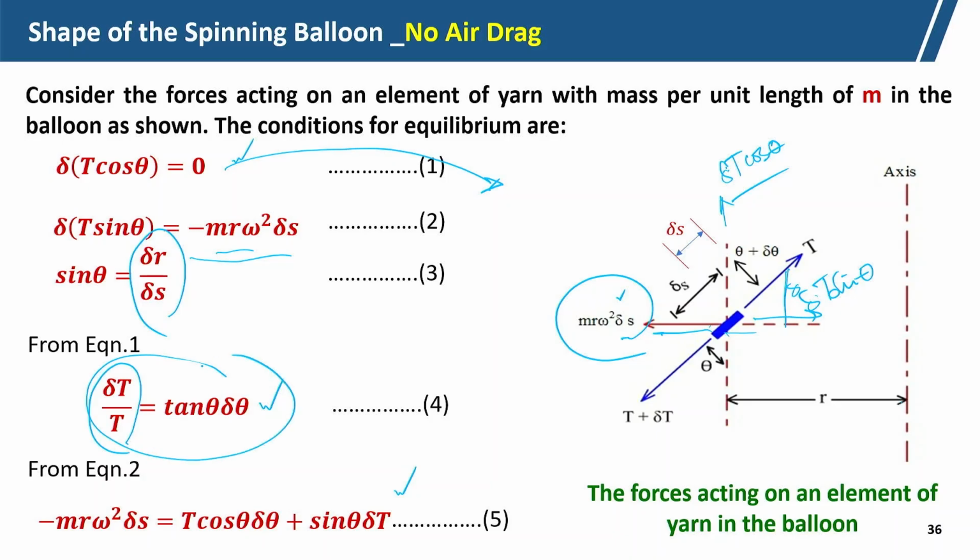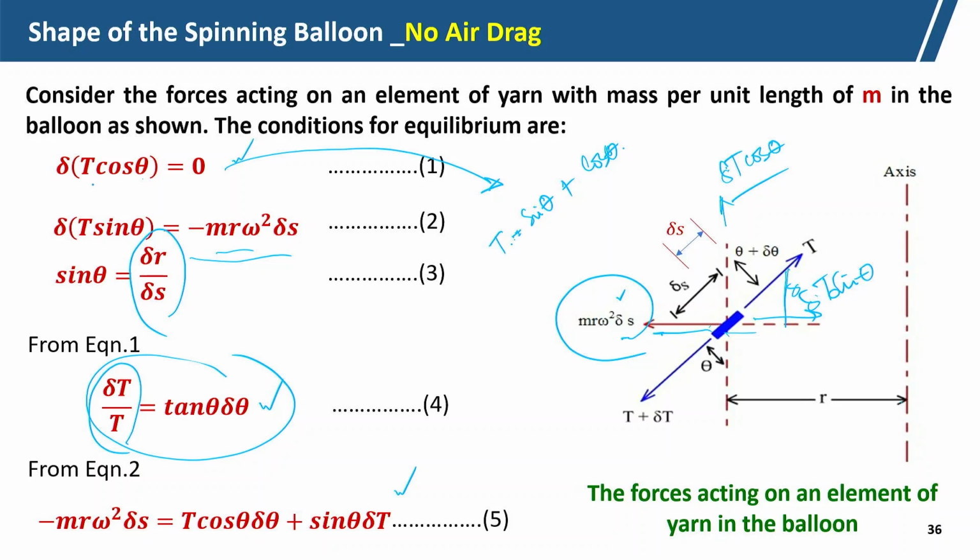If we differentiate T cos theta, we will get delta T cos theta, and d cos theta means minus sin theta d theta, plus T cos theta.